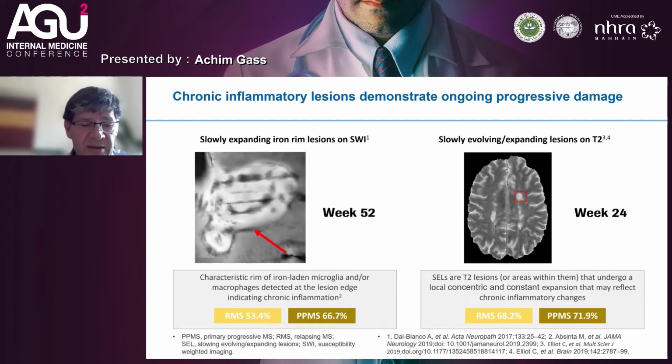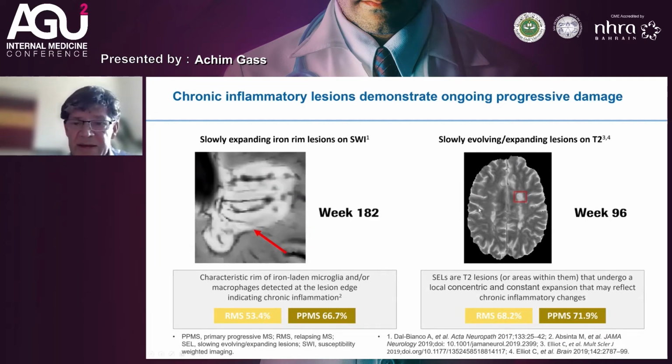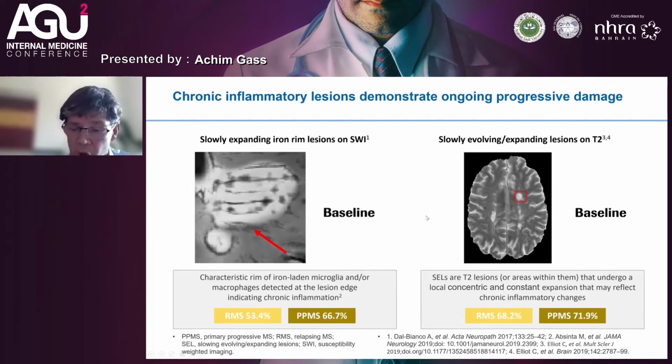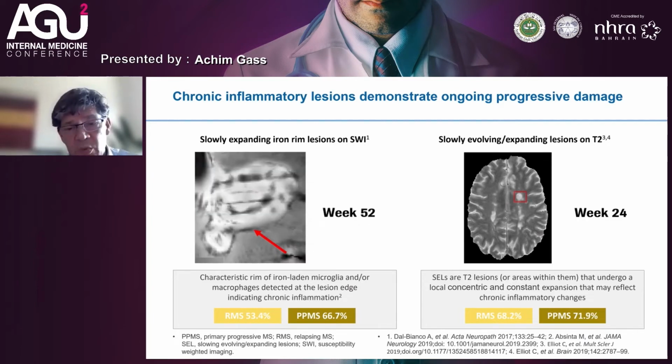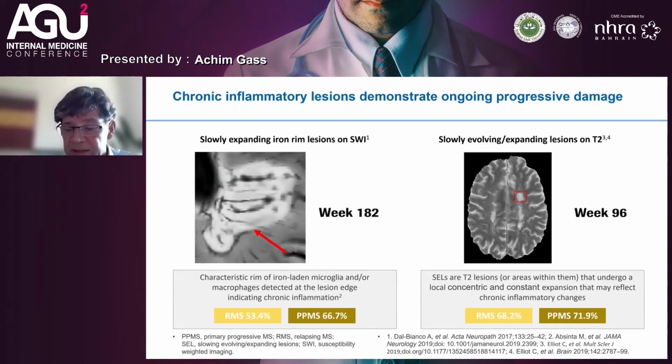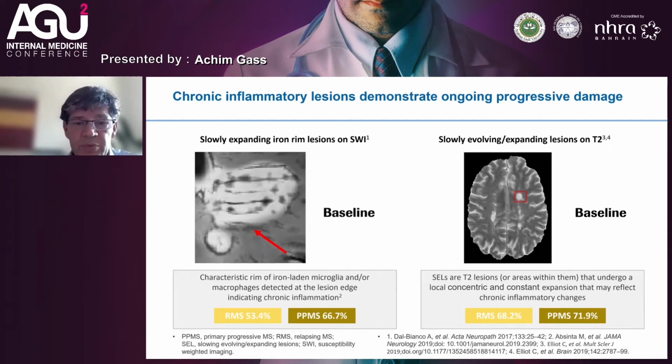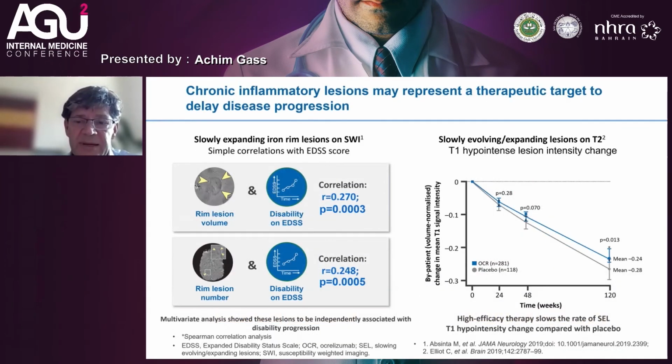All this data comes from Vienna, and this data comes from the OPERA trials, and demonstrates quite nicely, if you look frequently and with high accuracy, that such features are present in MS patients.